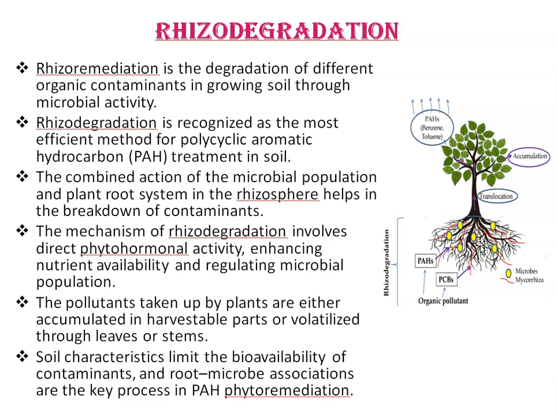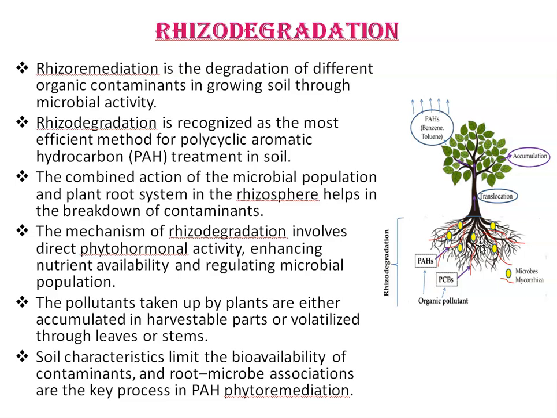The combined action of the microbial population and plant root system in the rhizosphere, such as discharge of plant exudate like amino acid, sugar, organic acids, hydrogen cyanide, then phosphatases, and phytohormone production by plant growth promoting rhizobacteria, helps in the breakdown of contaminants. PAH originate from either natural or anthropogenic activities, means human activities. Among them, the combustion of organic matter is the major source of contamination.